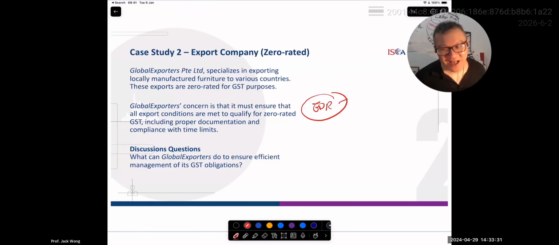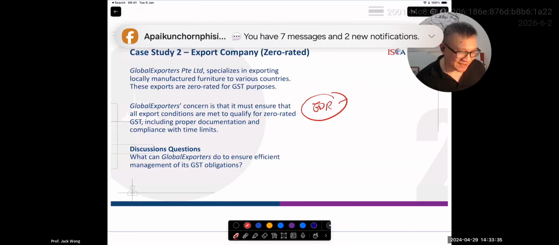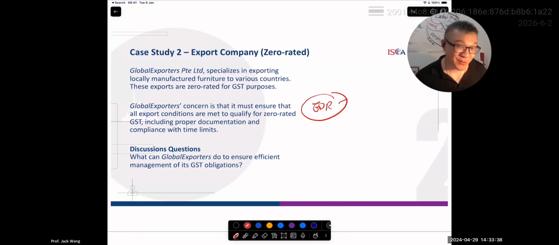Okay, where possible, you think about it, you know that the export documentation requirement is from IRAS's website, from the export guide. Like I said in the earlier part of the presentation, you are the finance professionals. Did you let other colleagues of your company, especially those responsible for delivering the goods for export purposes, do you actually teach them or educate them the export documentation requirement?